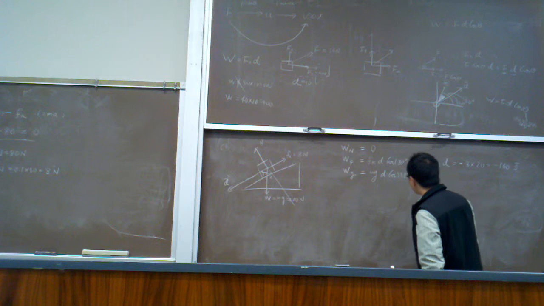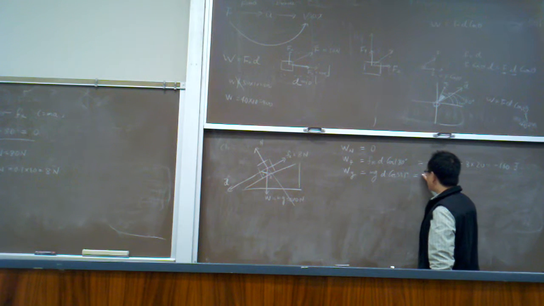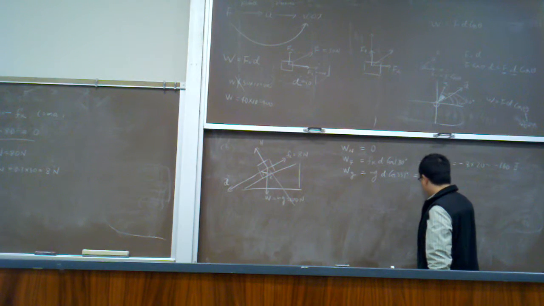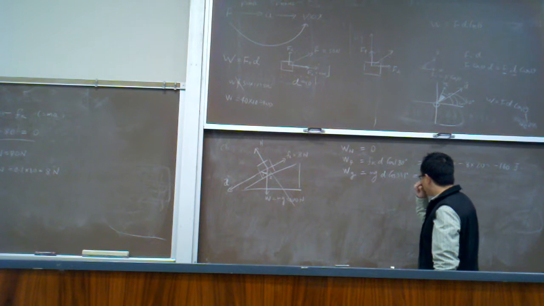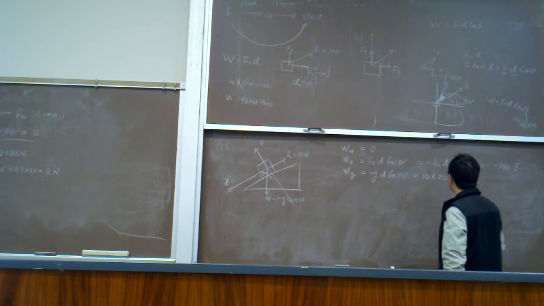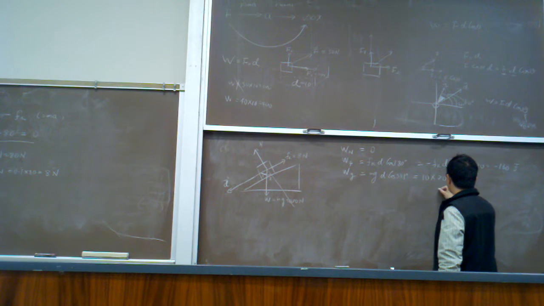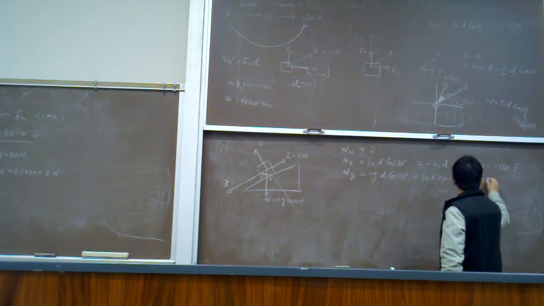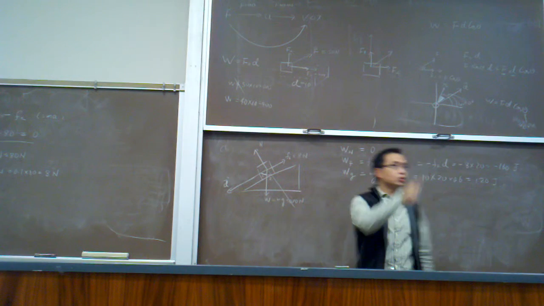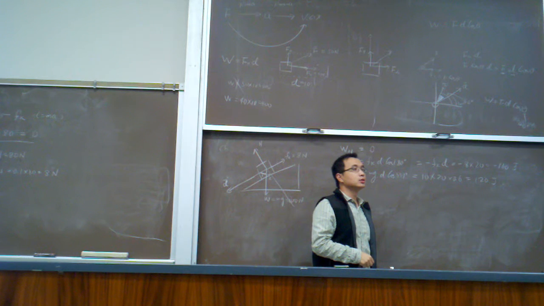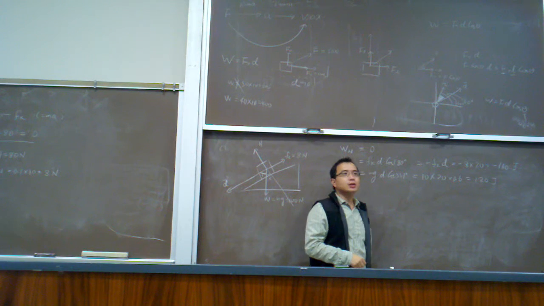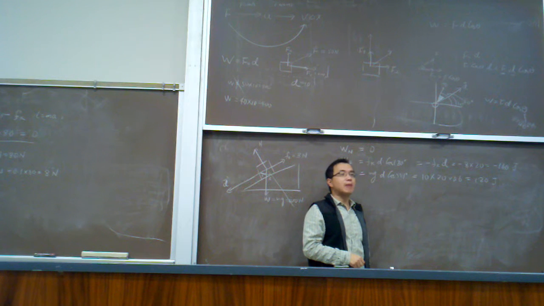Okay. So then you can calculate it. This is 10 multiplied by d, which is 20, cosine 53.1, is 0.6. Okay. Do you have any questions here? Fk is not negative. Fk is just the magnitude of the force.